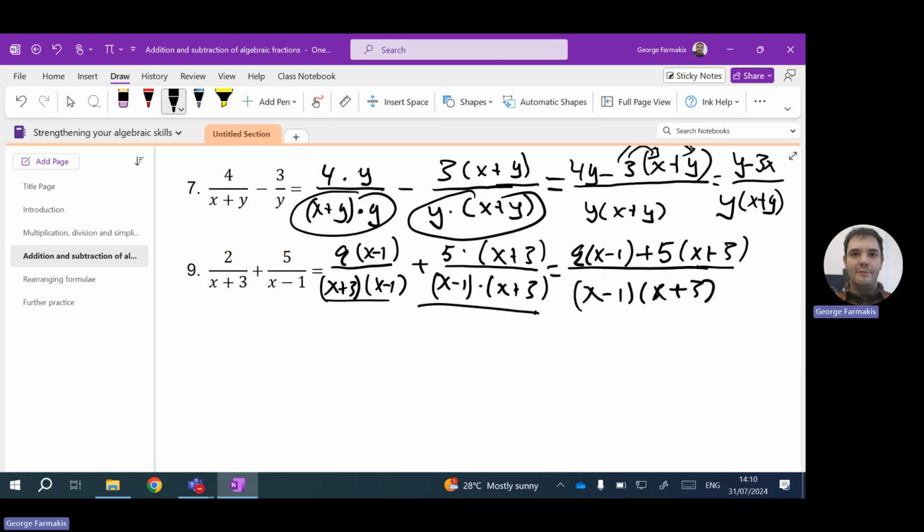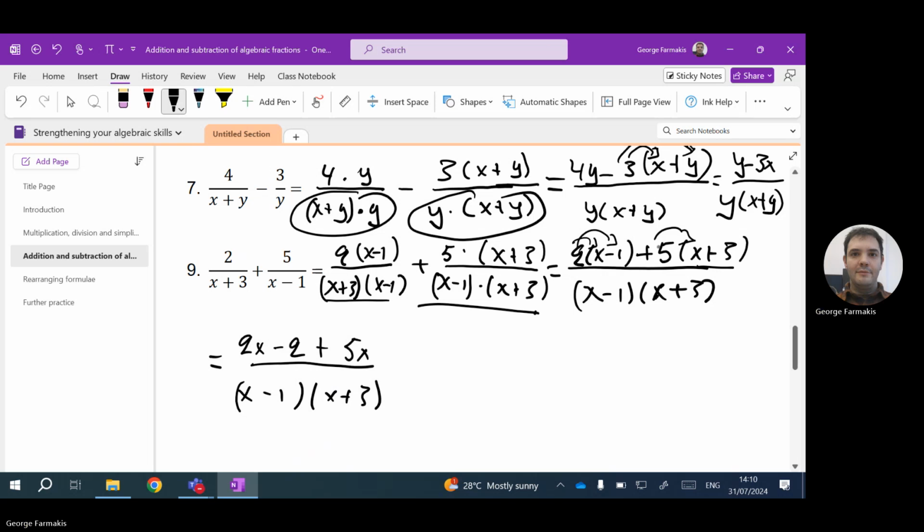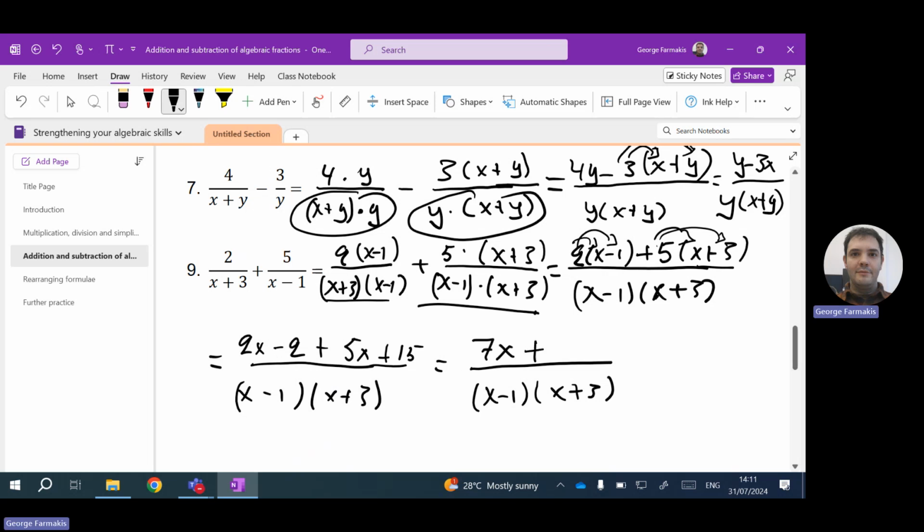Okay, so here we have the denominator x minus 1, x plus 3. So 2 times x is 2x, 2 times 3 is 6, plus 5x minus 5. So here we can write it as over x minus 1, x plus 3. 2x plus 5x, this is 7x. 6 minus 5 is 1. So this is your result.